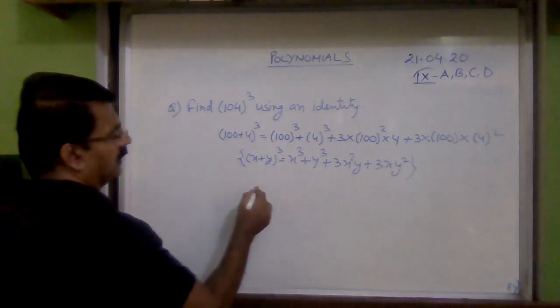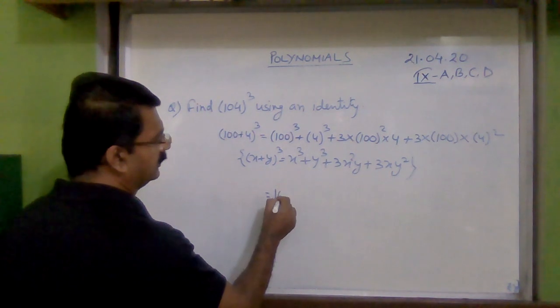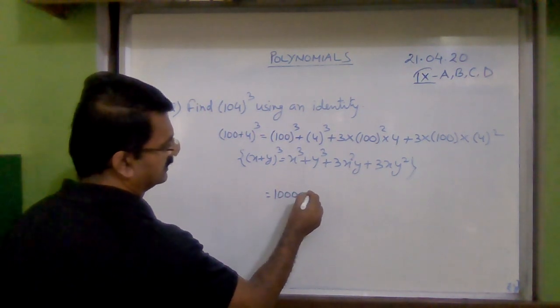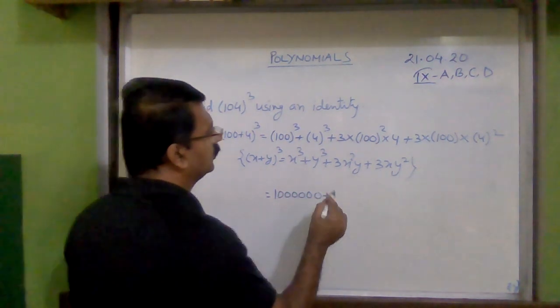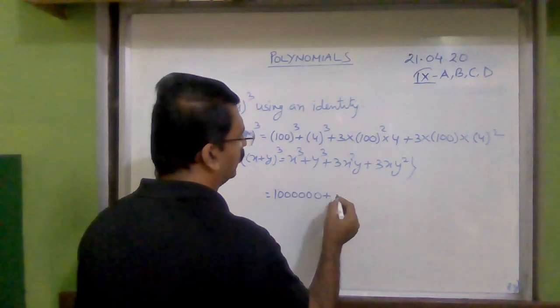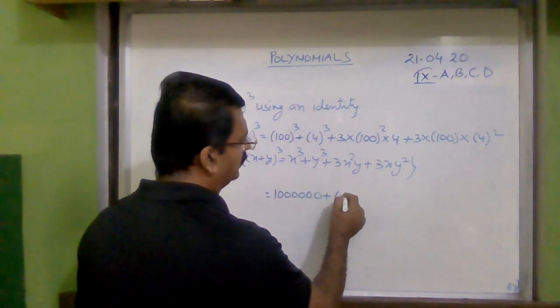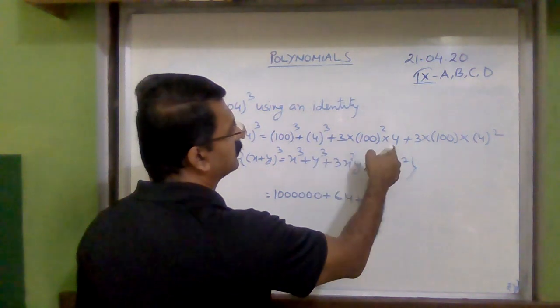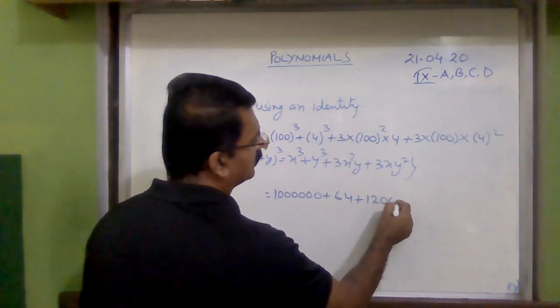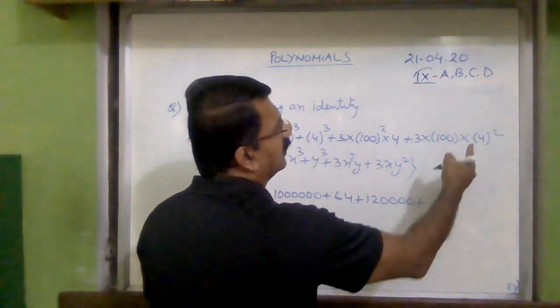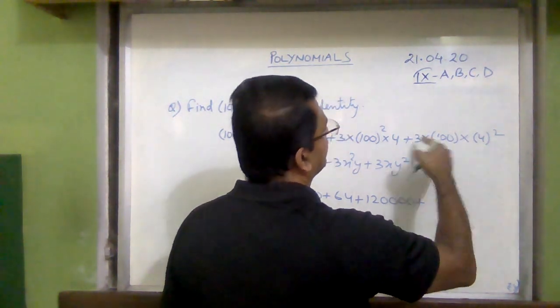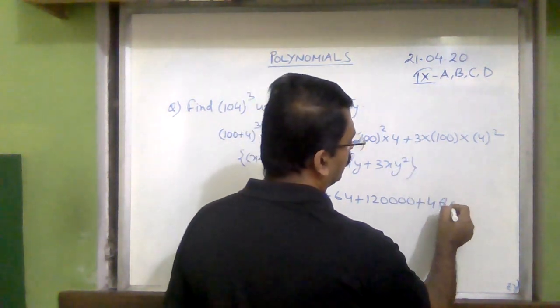Now 100 cube means after 1 you have to put 6 zeros. 4 cube is 64, and then 3 fours are 12 and 4 zeros, and then 4 square is 16, 16 into 3 is 48, 4800.